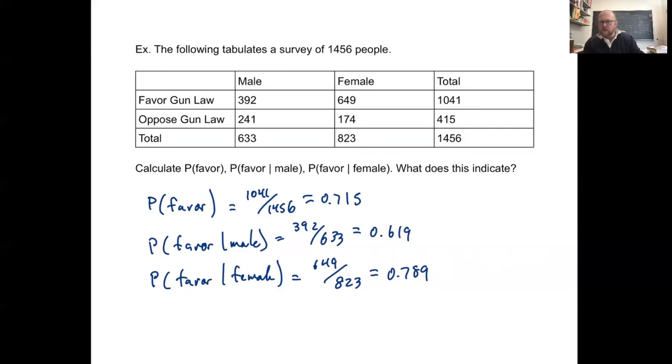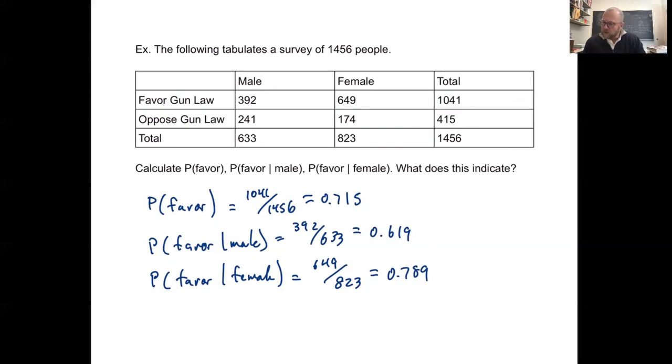There are females who oppose the gun law, and there are males who favor it, and there are males that oppose it, and females who favor it. Those numbers are there. It's not absolutely deterministic, but if you know one, it changes the probability about the other.